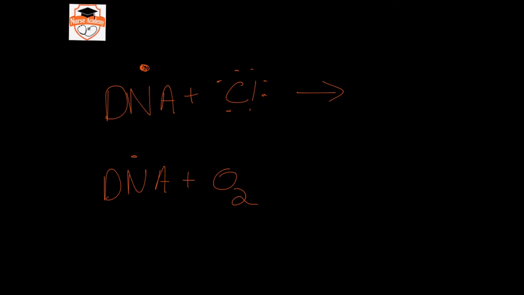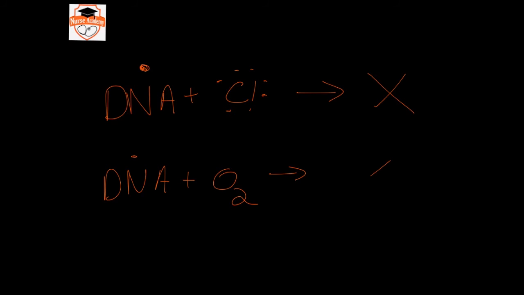For instance, it might find a chlorine free radical. Chlorine tends to make a lot of free radicals, and then you will get something funky forming. Or your DNA free radicals can react with oxygen, which we know is around a lot of places, and that will form oxidized DNA.